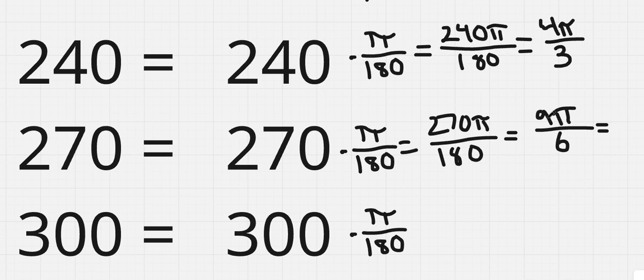There's a common factor of 3. 3 goes into 9 3 times. So that's 3 pi over 2.